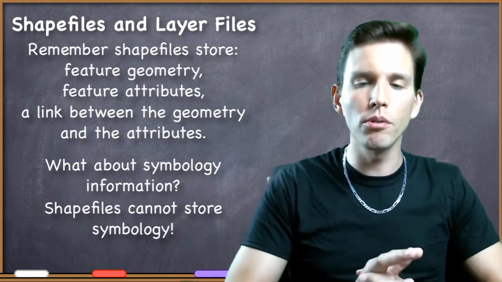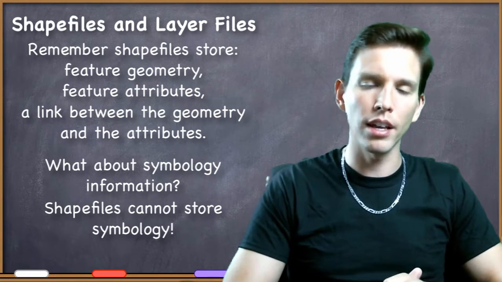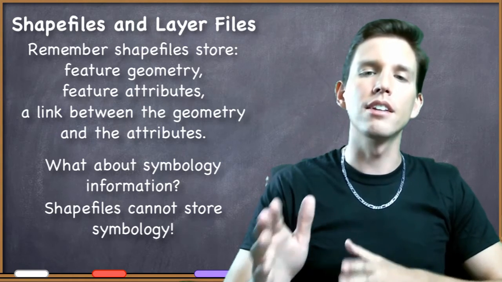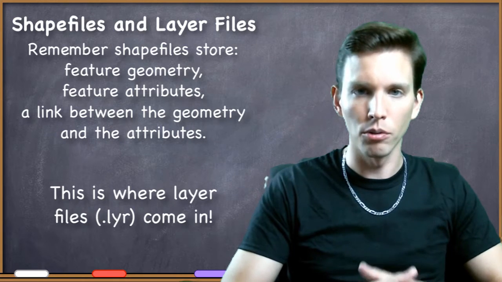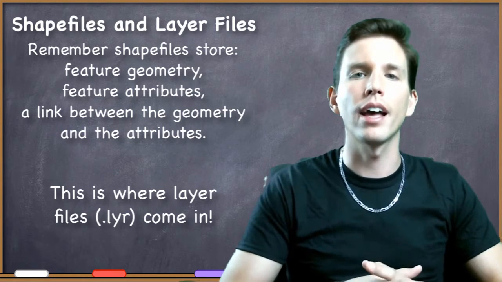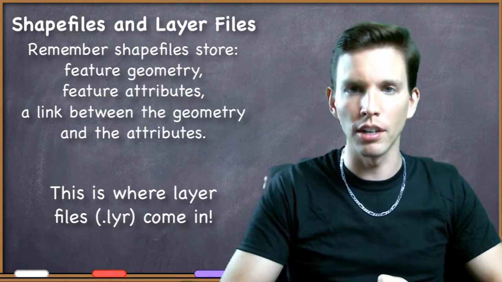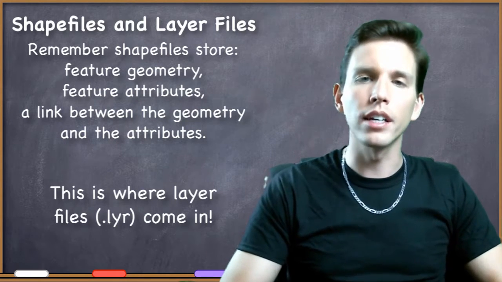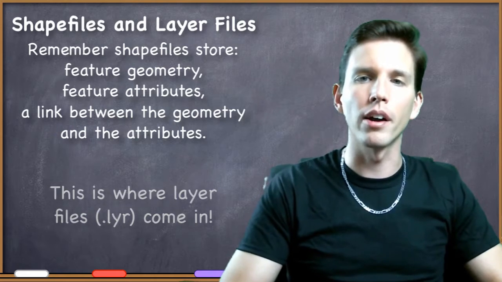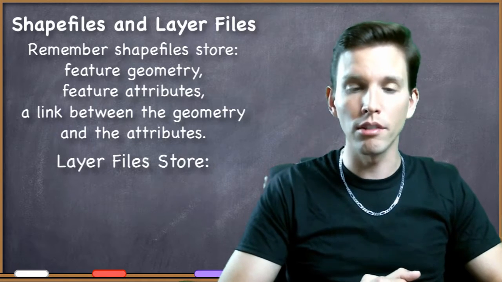So in order to store these two different things, which are very important, you need a different file entirely. You need a file called a layer file within the software package, and that has the .lyr extension. So layer file, .lyr file. Critically, this layer file, the .lyr file, stores three things.